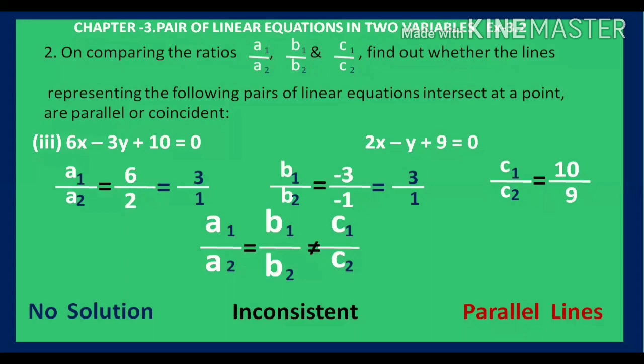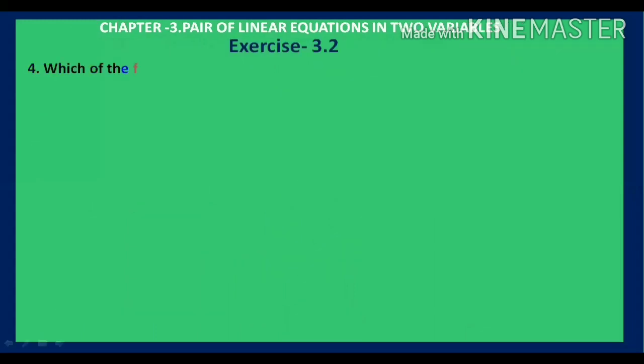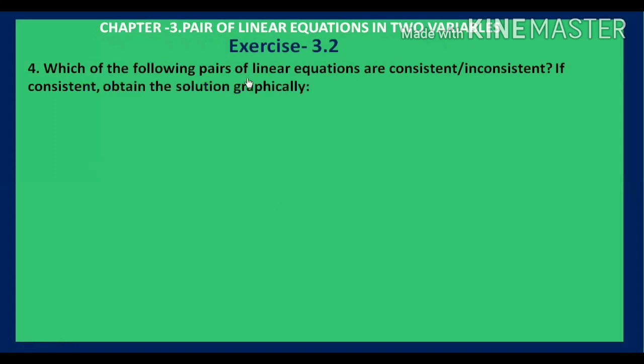Now question number fourth. In the fourth question, first we have to find whether the given system is consistent or inconsistent. We have to find whether the linear equations are consistent or inconsistent, and if consistent then we have to solve the system graphically.